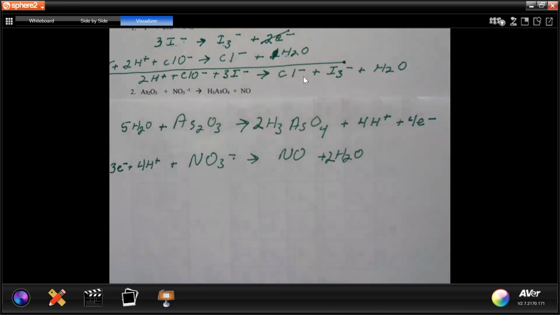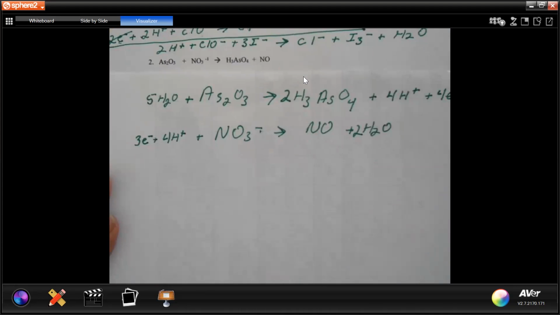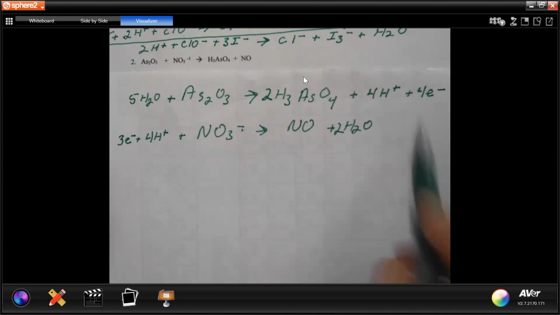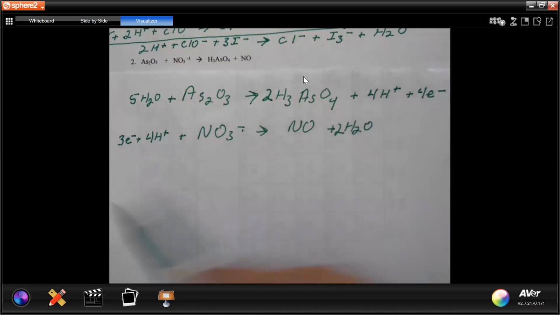All right. Now, in the last one, we had 2 electrons given off and 2 electrons gained, so we didn't have to do anything with that. But in this one, we have 4 electrons lost and 3 electrons gained. I have to make the electrons lost and the electrons gained the same.